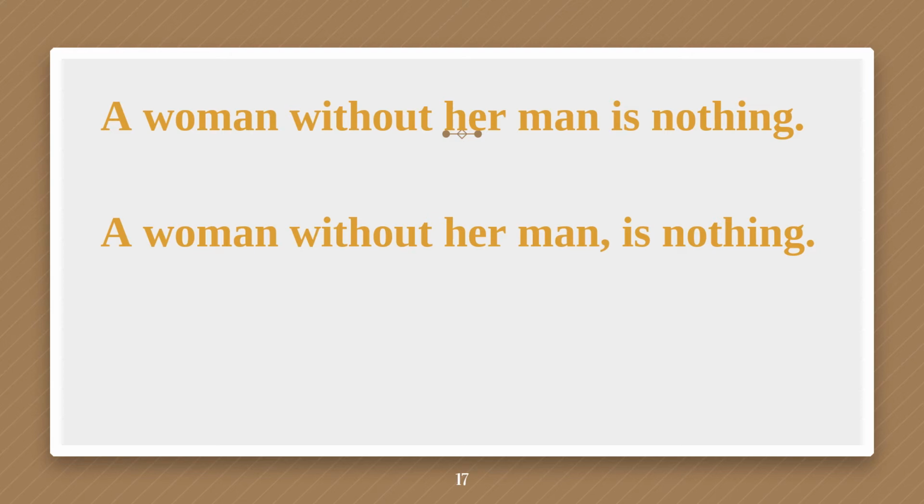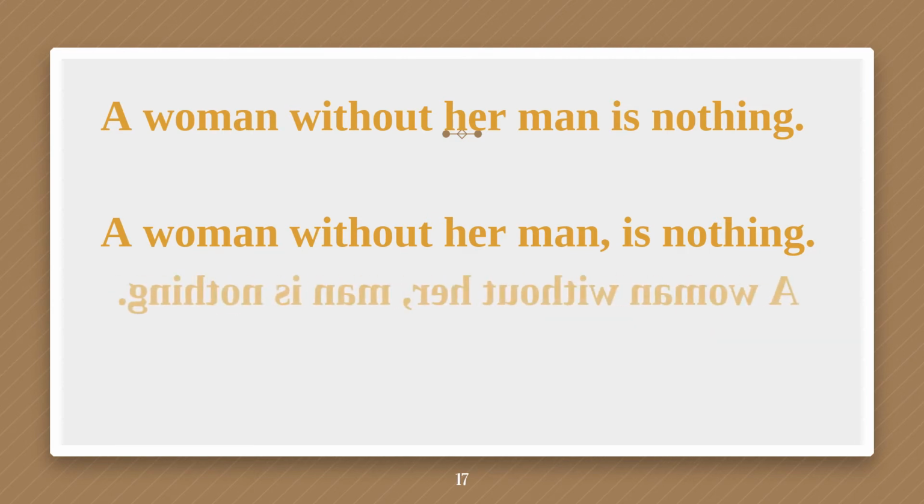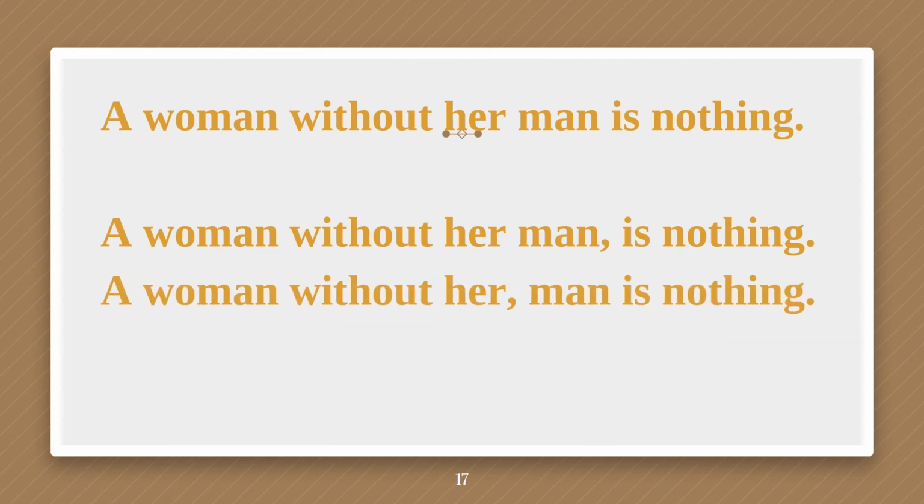A woman, without her, man is nothing. Now you can see this is giving a clear meaning. She is dependent on him and she has to work with him and she is nothing without him. Now I can show you more meaning with the same statement by putting comma at a different place.